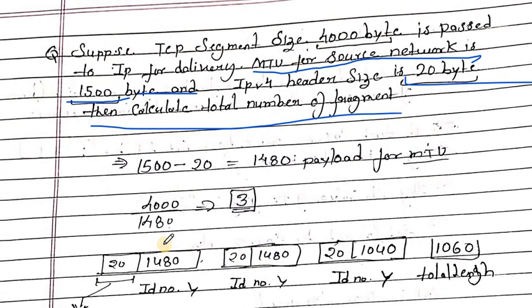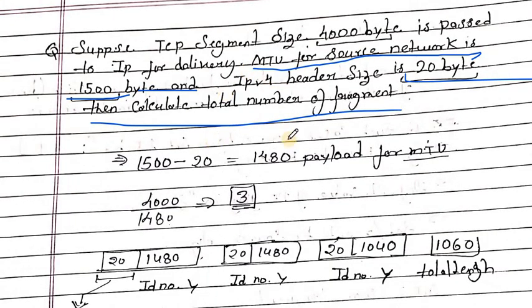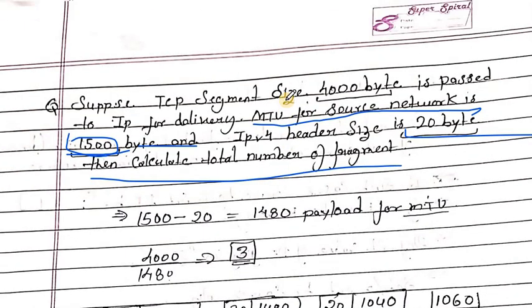Here we see that the intermediate network size is 1500 bytes, meaning the MTU, the packet size of the intermediate network, is 1500, but the source host network packet size is 4000 bytes.